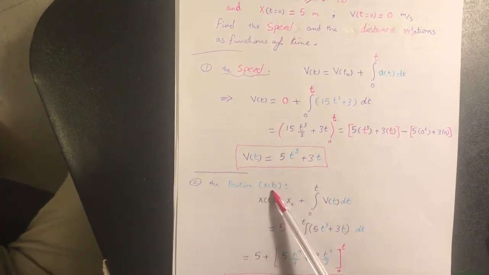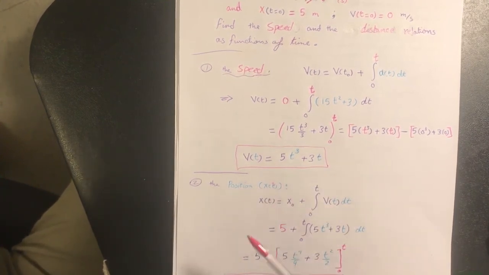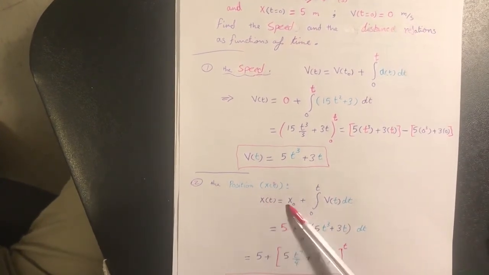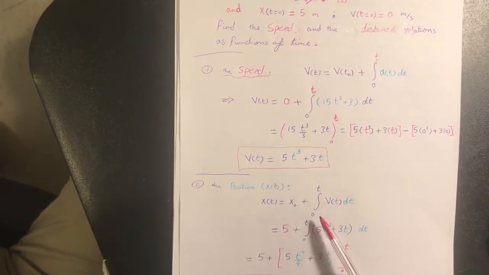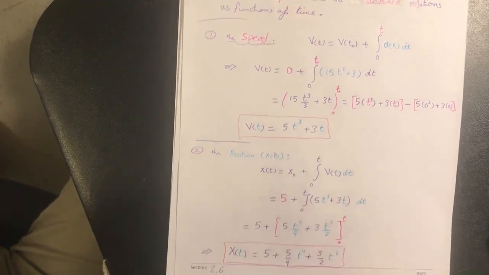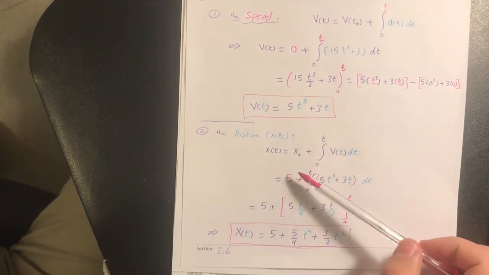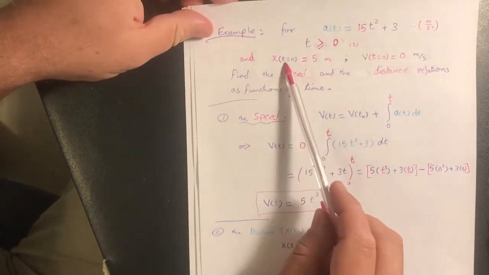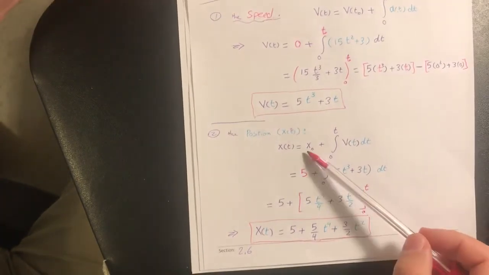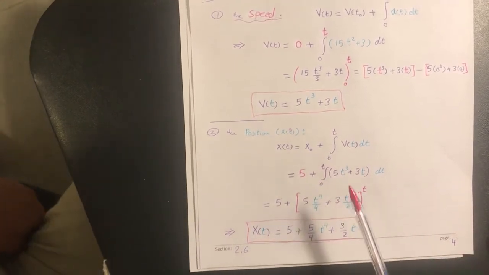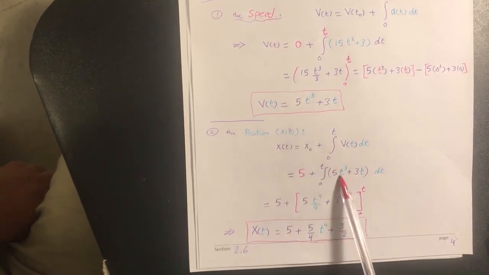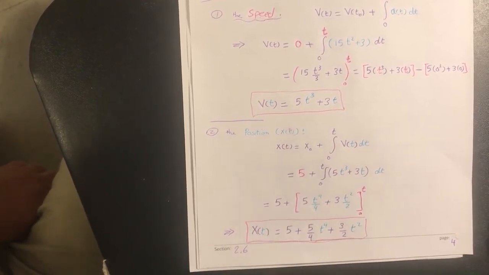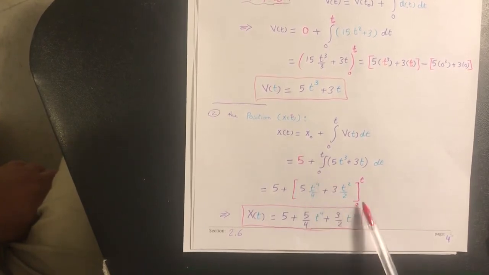Now we can find the position. We need to integrate again. X of t is equal to x naught plus the same relation, but we need to change x, v by x, and acceleration by v as a function of time. Integrate from 0 to t. But the initial position, at t equal to 0, x equal 5 meters. Then x naught is 5. The integration for the velocity function, 5t cubed plus 3t dt, from 0 to t.